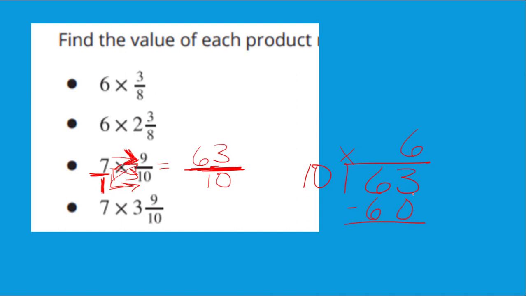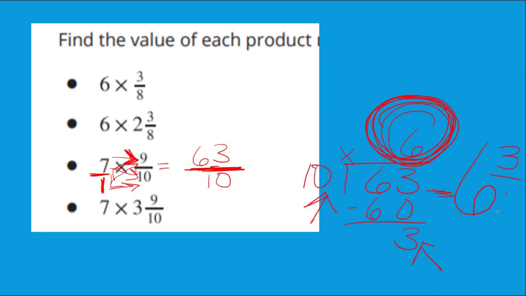Subtract. 3 minus 0 is 3. 6 minus 6 is 0, so I don't have to put it. Bring down. Nothing to bring down. So my answer is, remember, the whole sits on top of the house. 6 left over is over my denominator. So my answer is 6 3/10.